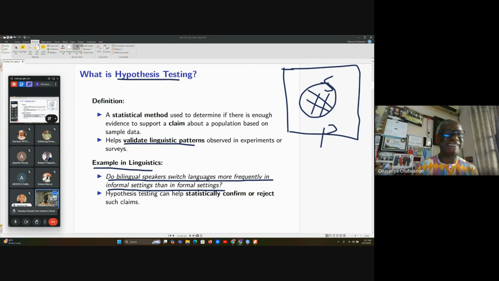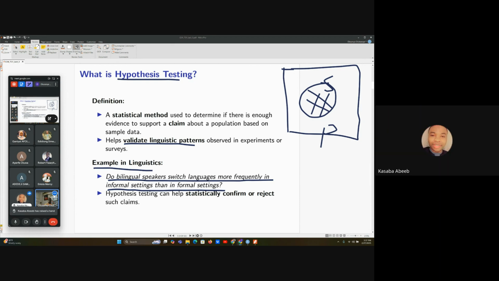Yes, Cassava. Sir, I believe bilingual speakers switch languages more frequently in informal settings because in most cases there will be some interjection, some words of other languages that are just put in, even unconsciously. Good.